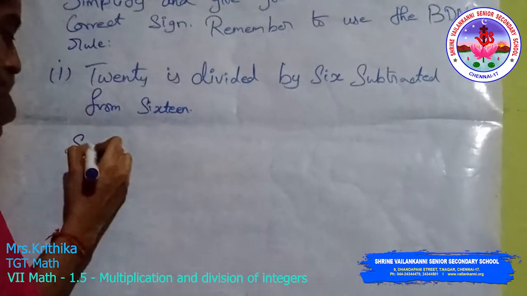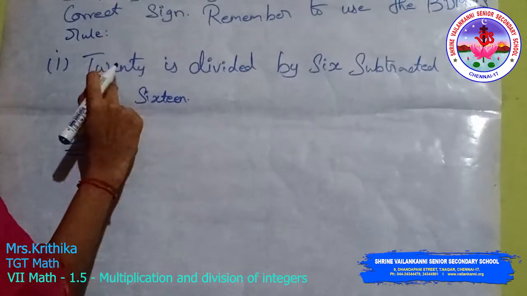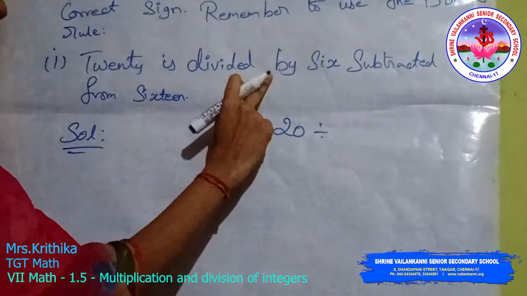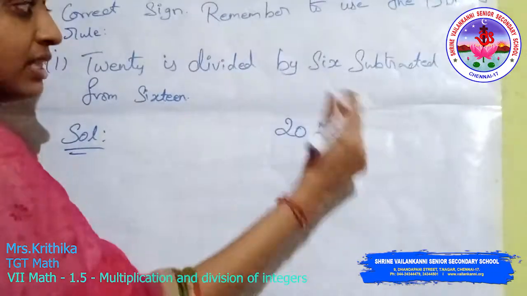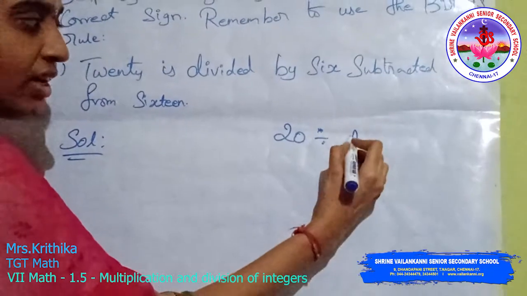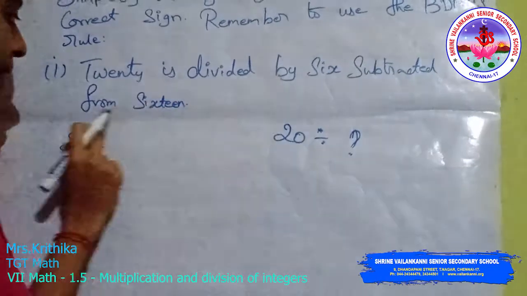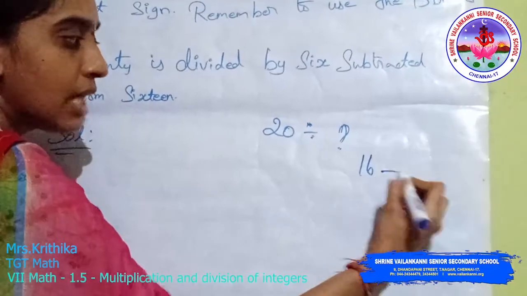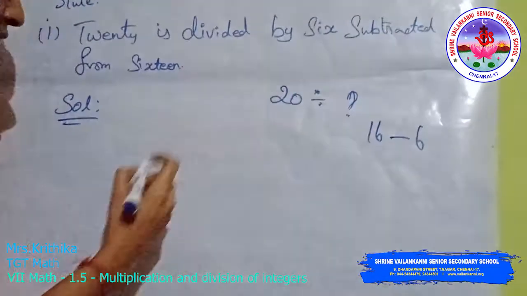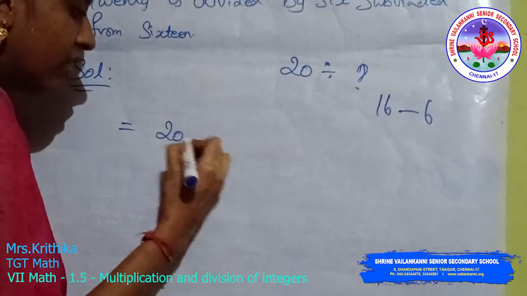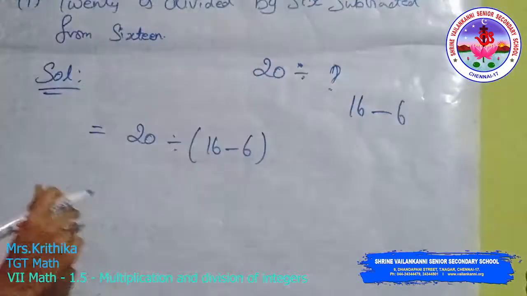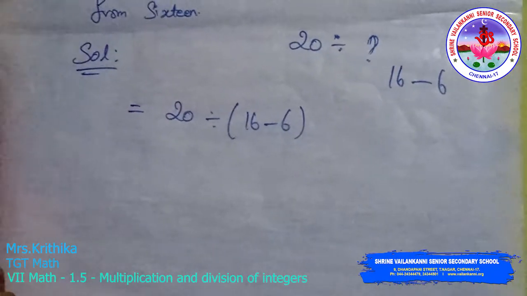Solution: 20 is divided by means the divisor value. The divisor value is 6 subtracted from 16. From 16 means 16 subtracted 6. This is the expression 20 divided by 16 minus 6. This is the correct expression.